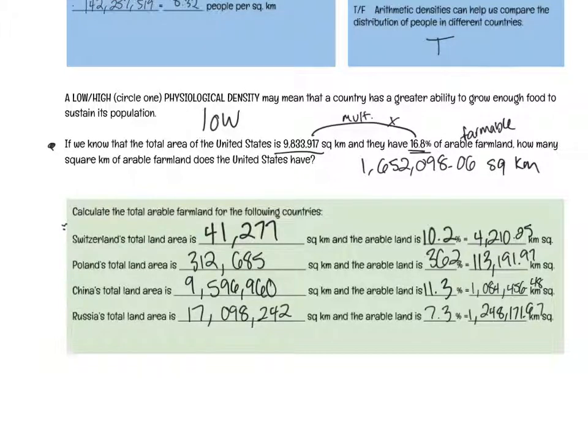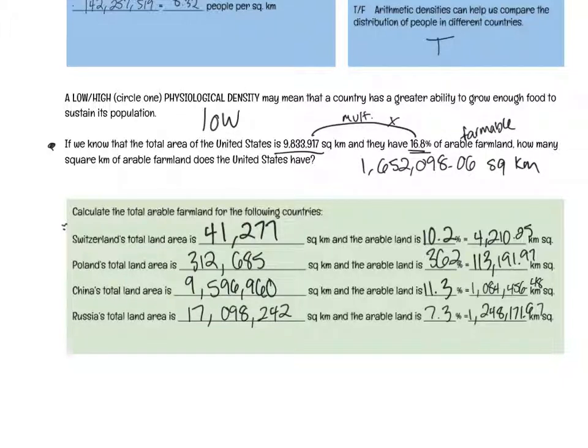I know we're doing a lot of math today, but what do these numbers of arable farmland tell us about a country? It could either be a small amount or a large amount, right? How can we tie this into geography and what we've talked about? How many people the land can support. In this green box, it's telling us how big their arable land percentage is.